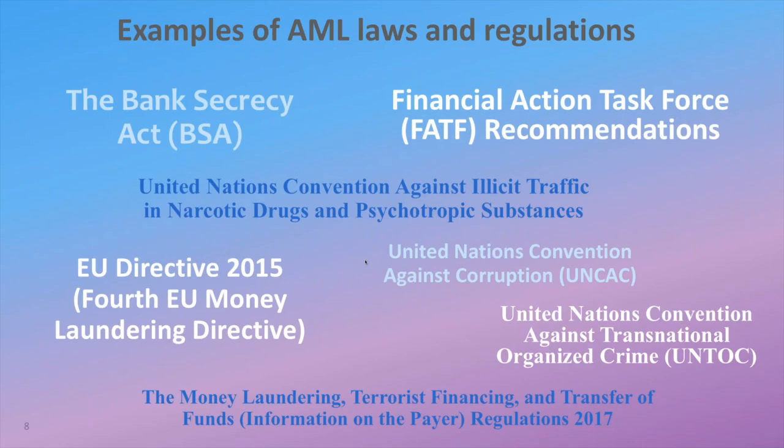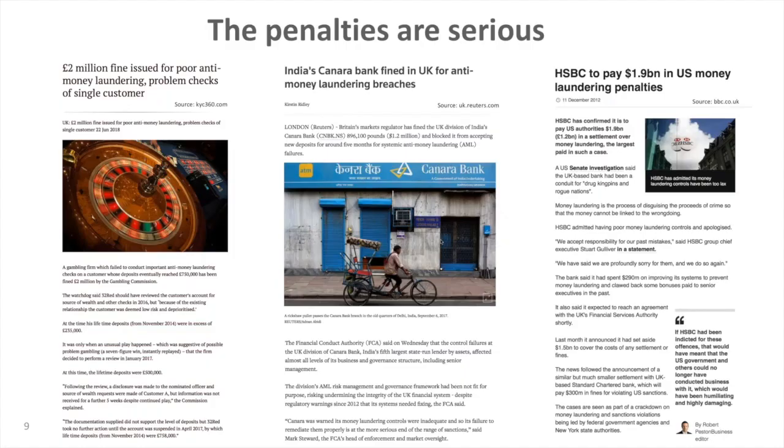The United Nations has several conventions that talk about money laundering in the context of drugs and terrorist financing. And then there's also the Financial Action Task Force, who have issued a set of recommendations for addressing money laundering that financial services firms and other firms will follow. And if you don't, the penalties can be very, very severe.